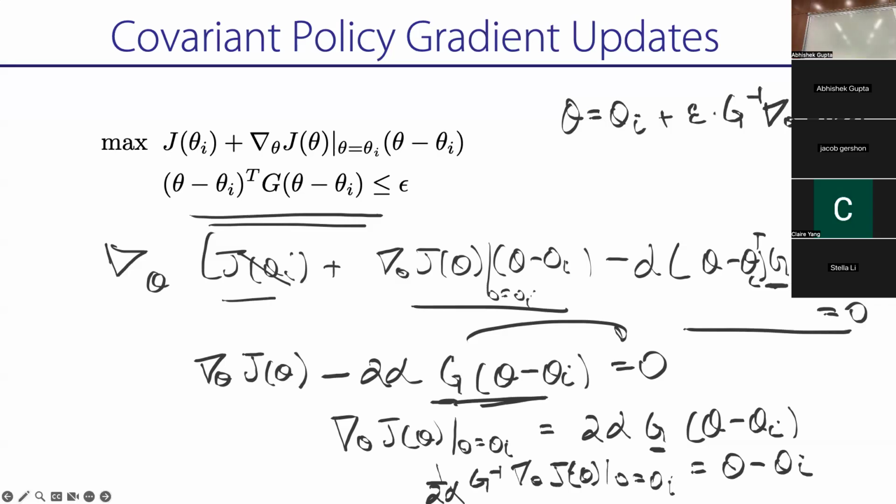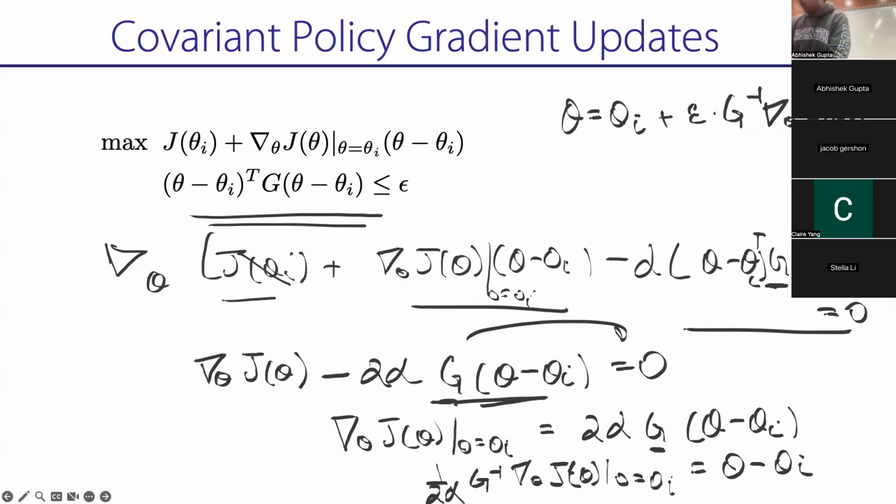But the important thing is that when G is not identity, that's when it's interesting. What it allows you to do is things that are high in G get weighted low, and things that are low in G get weighted high. It's just like preconditioning your gradient. It takes your gradient and multiplies it by a matrix, which changes the direction, kind of like rotating.